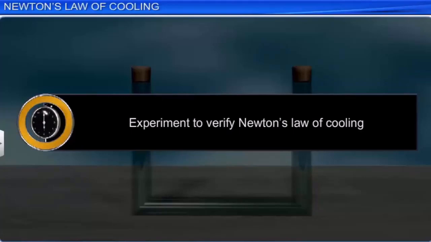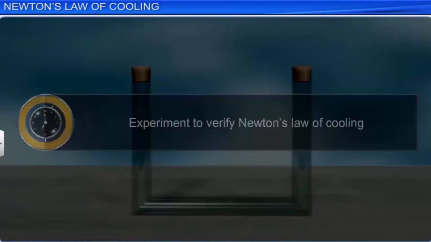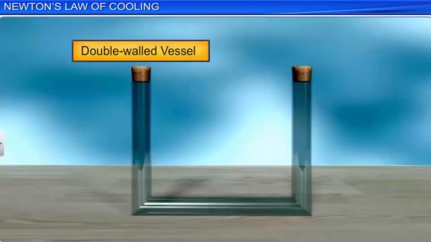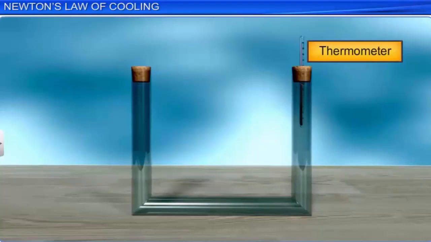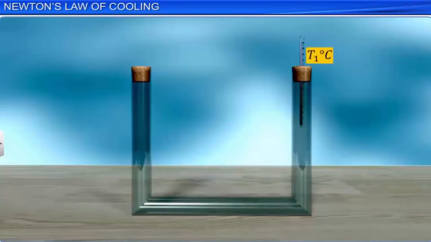Newton's law of cooling can be verified by conducting the following experiment. A double-walled vessel is filled with water between the walls, and the mouth of the vessel is closed with a cork through which a thermometer is inserted. Let the temperature reading be T1 degrees Celsius.